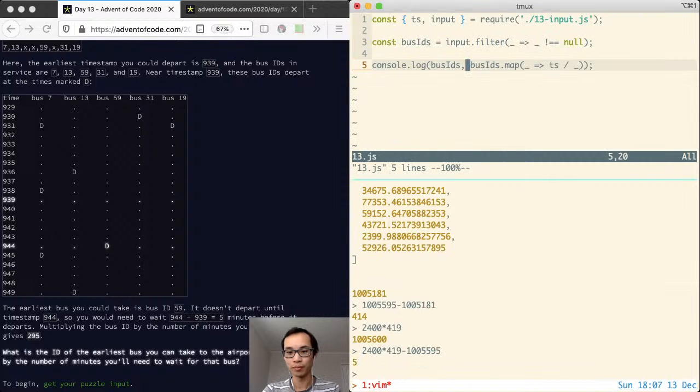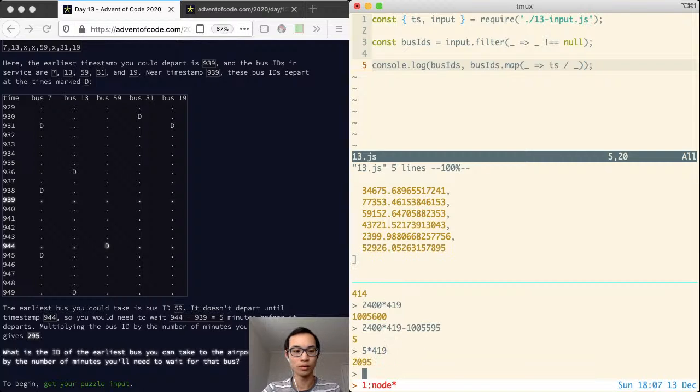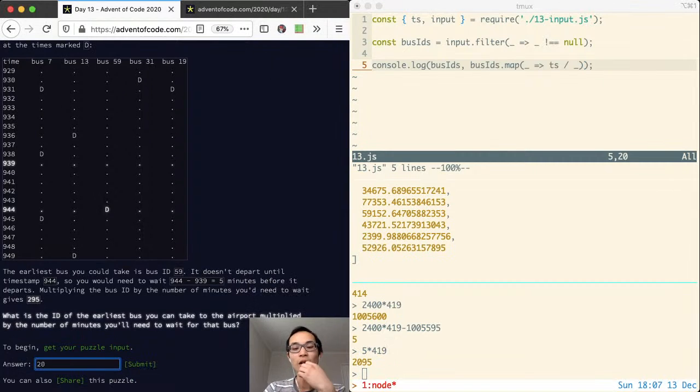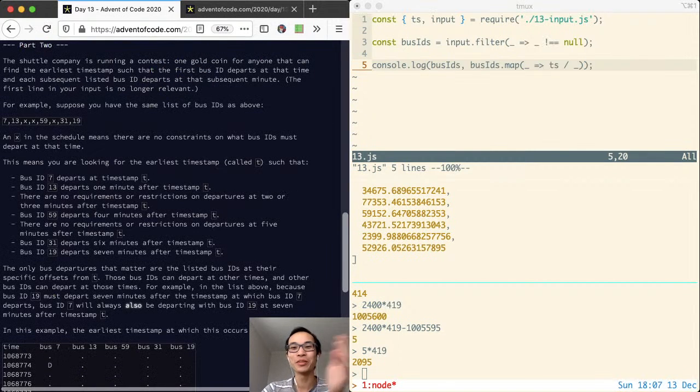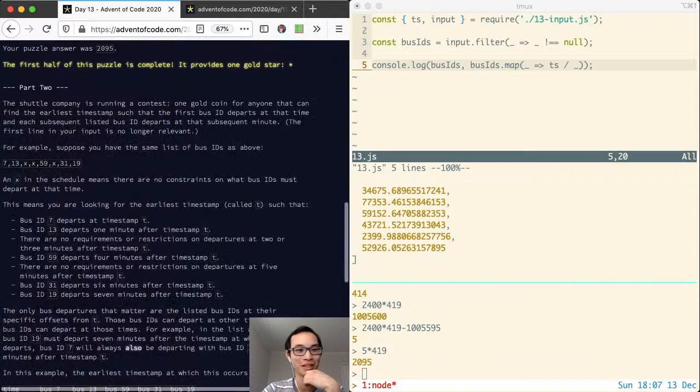Yeah. 5 minutes times 419 is 2095. I have a feeling this is wrong, but I'm going to submit it anyway. Oh no, it's right. Okay, it's good. Let's carry on. So we did that with no program whatsoever. We just did it by hand on pen and paper, basically.